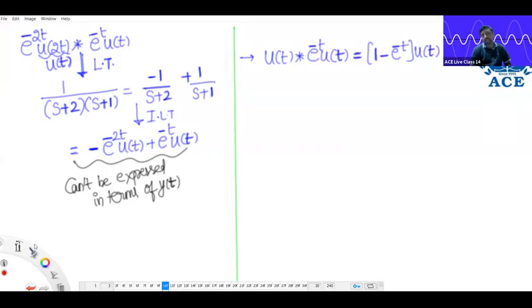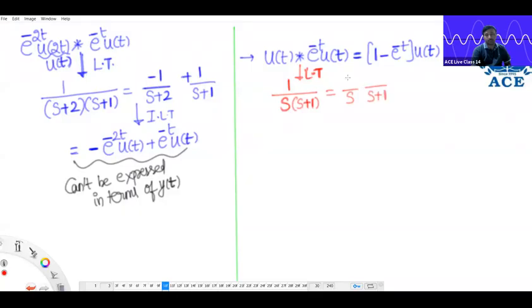It is a standard example in networks and controls. A step function given to a first order network gives a growing exponential. Otherwise, you take Laplace: ut Laplace is 1 by s, and the decaying term is 1 by s plus 1.